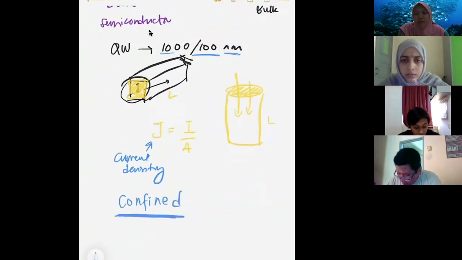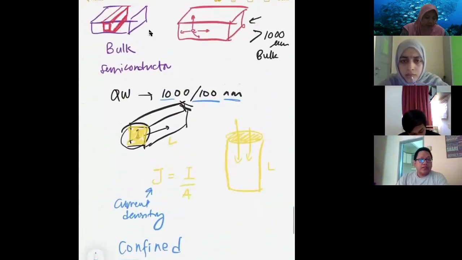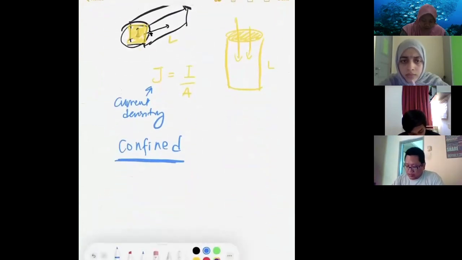Confined means it cannot move freely, only in certain directions. And if it's confined, the probability for it to recombine is higher because it's confined to a smaller space. So you have bulk, quantum well, and then quantum dot.